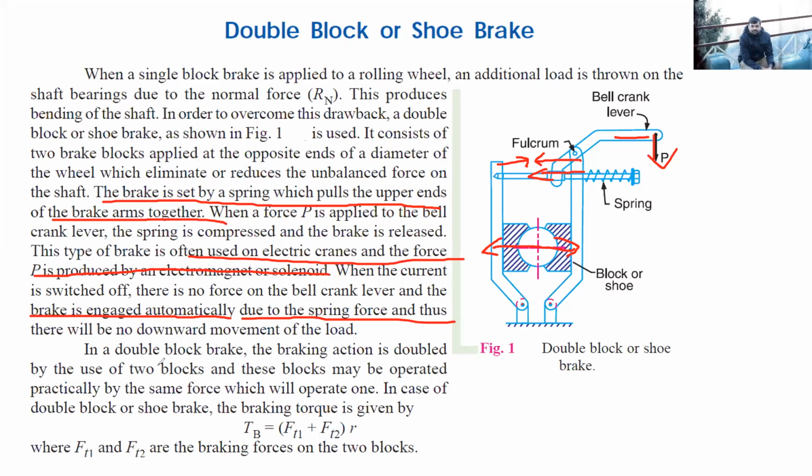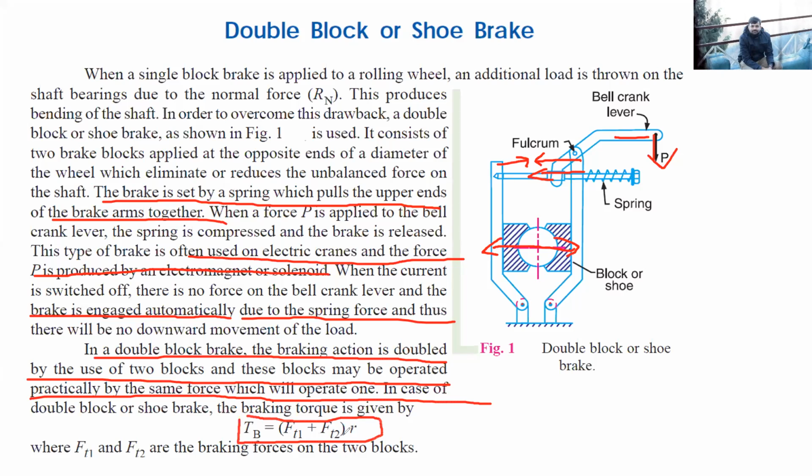In a double block brake, the braking action is doubled by the use of two blocks, and these blocks may be operated practically by the same force which will operate one. So the same amount of force will be required, and the braking torque T_B is equal to (F_t1 plus F_t2) multiplied by r.